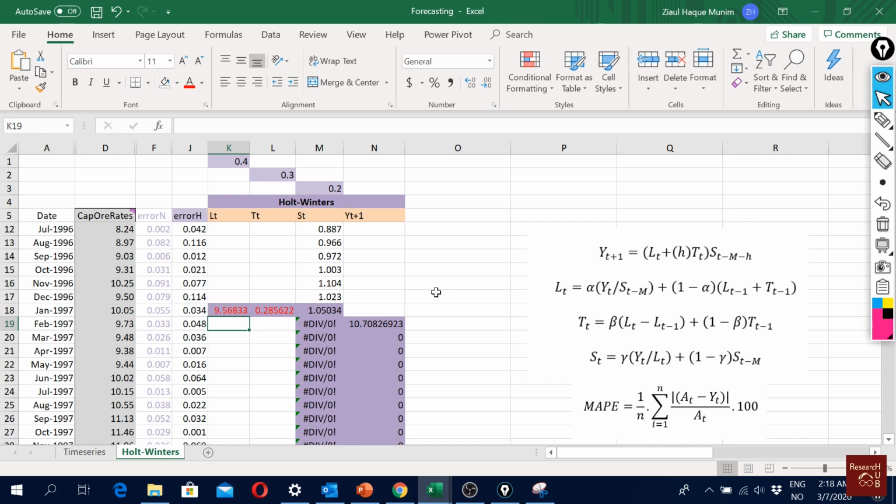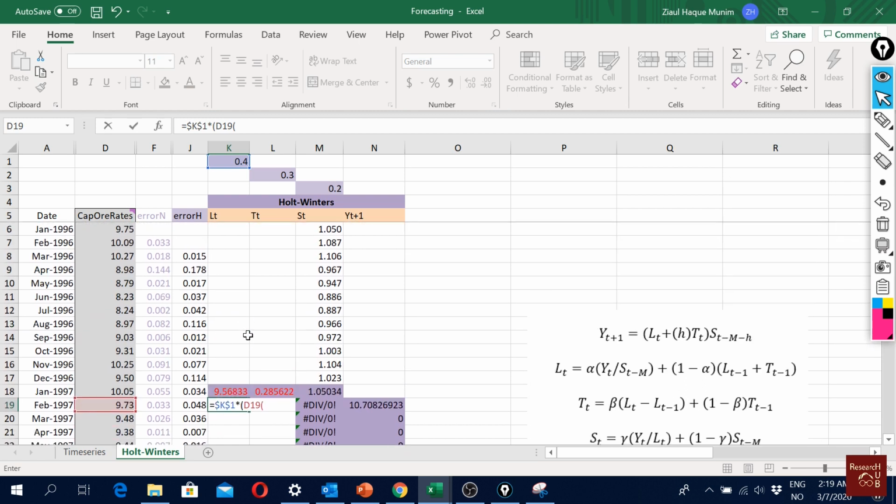So to do that, we start with equal to, and then we have our alpha, which is our parameter, and we fix it. Then we multiply alpha with YT, that is the real value of that period. We divide it by ST minus M, so it will be the seasonal component of the previous year's same time, so that would be February.